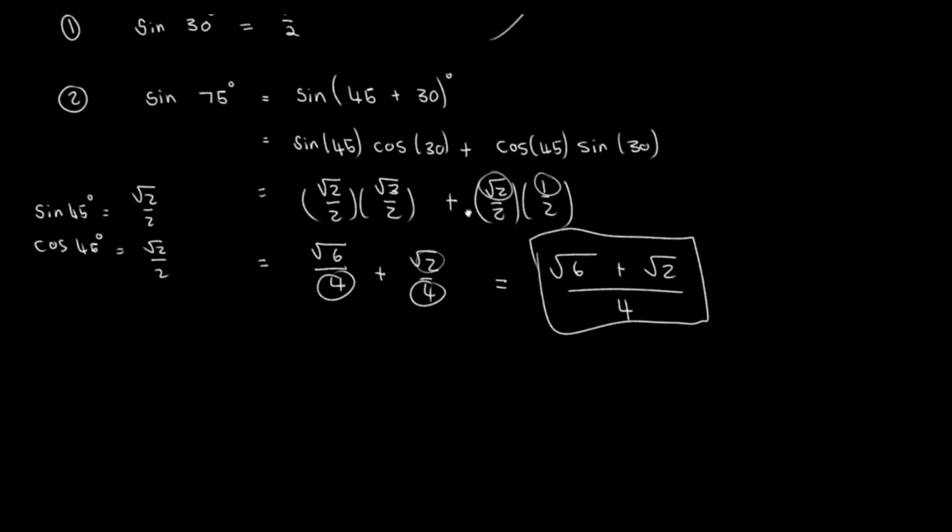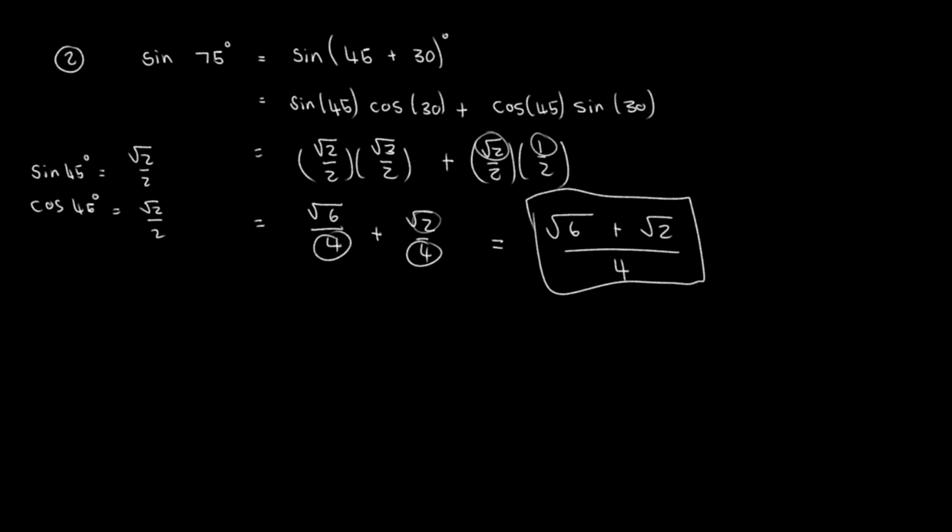Okay. Let's do the exact same example, but for cosine. Let's say the cosine of 75. Now the cosine of 75, we can rewrite as cosine of 45 plus 30. And now let's follow our identity above.